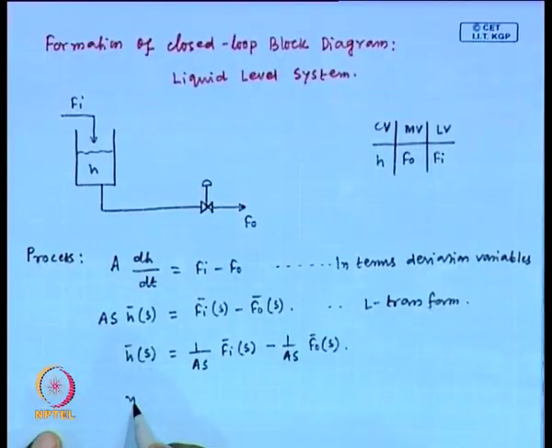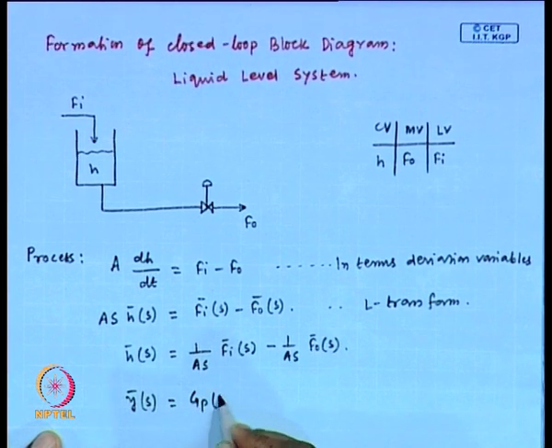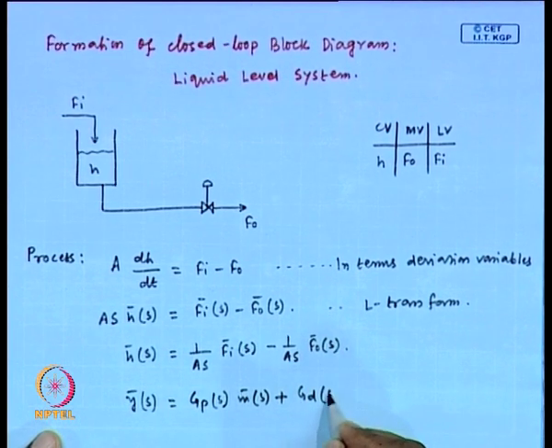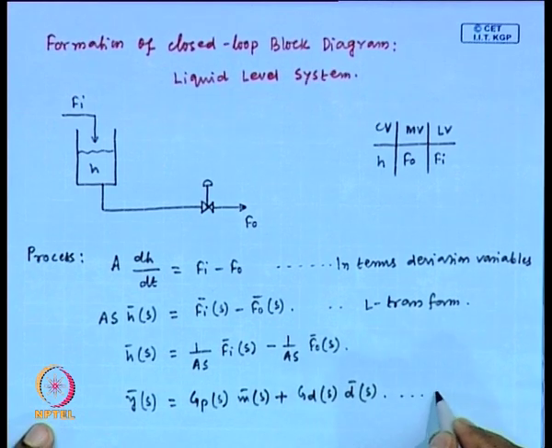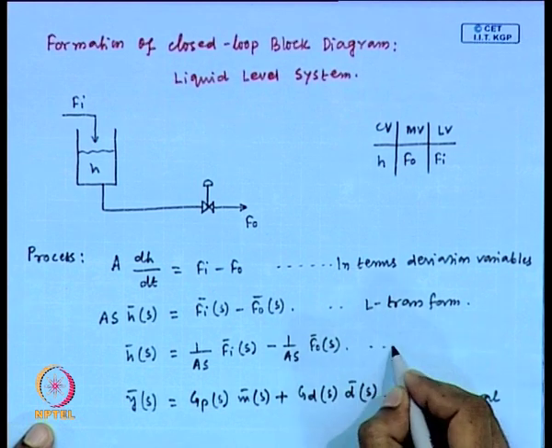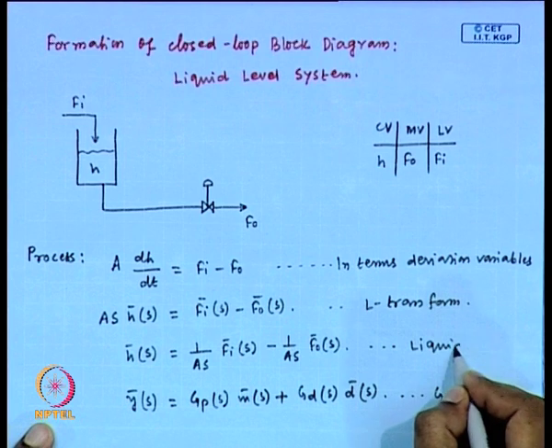Now, what is the general form? See, the general form is y bar(s) equals GP(s) m bar(s) plus GD(s) d bar(s). This is the general form, and this is for the liquid tank system.